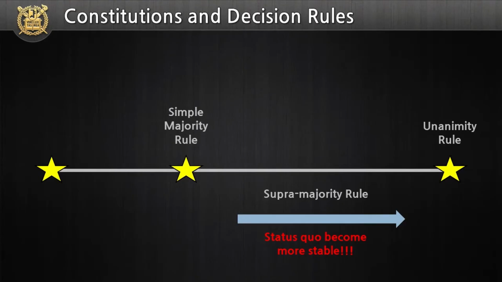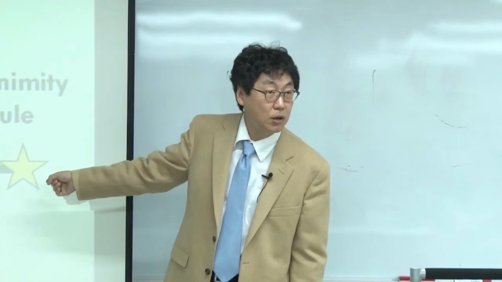And we now know that it's easy to change the status quo with simple majority rule. It's almost impossible to change the status quo with unanimity rule. Therefore, when we decide the decision rule, if you like the status quo, you should insist on supramajority rule or unanimity rule, because that way you could keep the status quo.